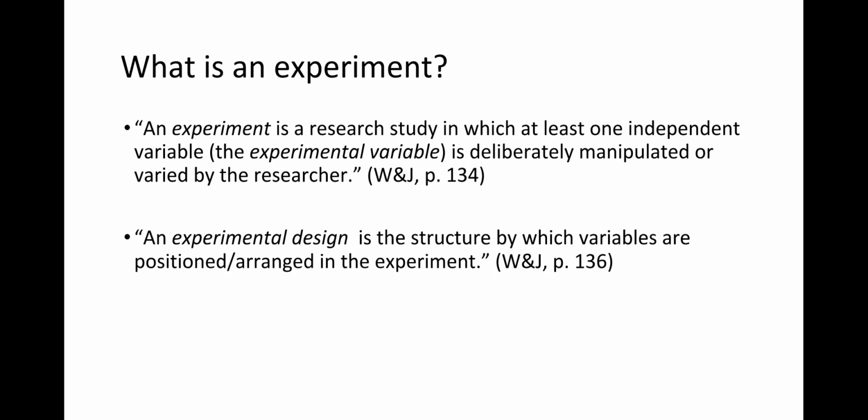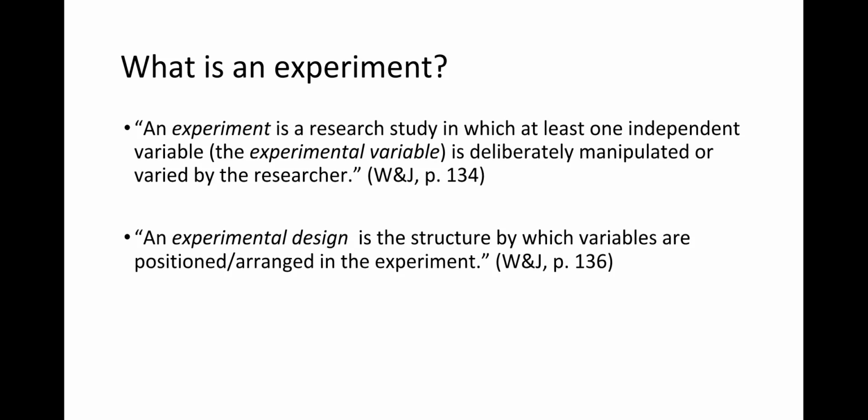So be careful whether your independent variable is an experimental variable or not. And in your own study, try to include that experimental variable, to apply this research design learning to your own study setting.